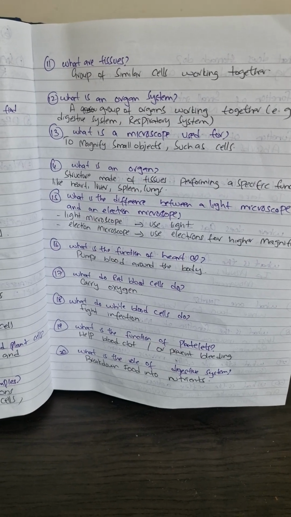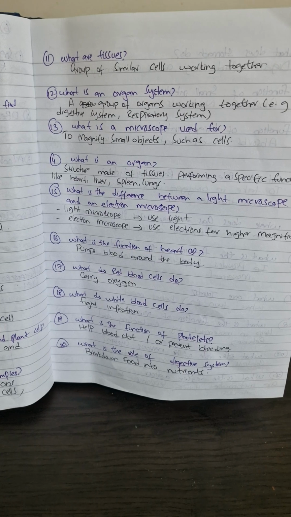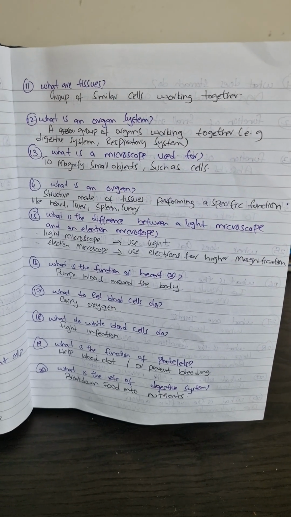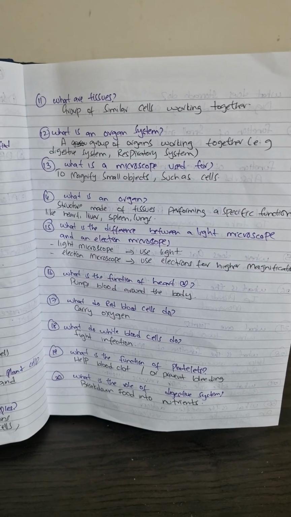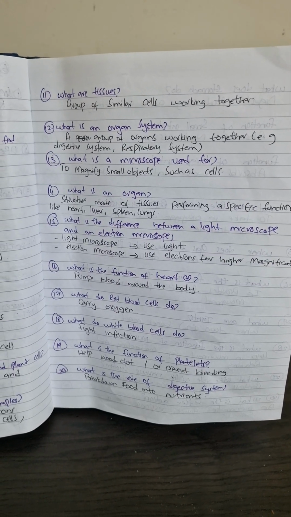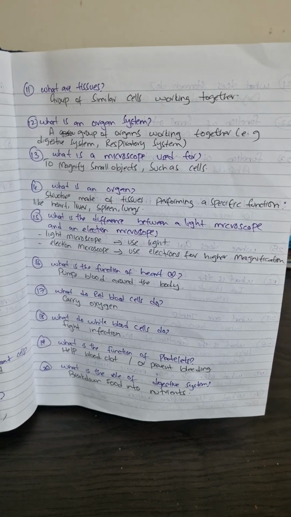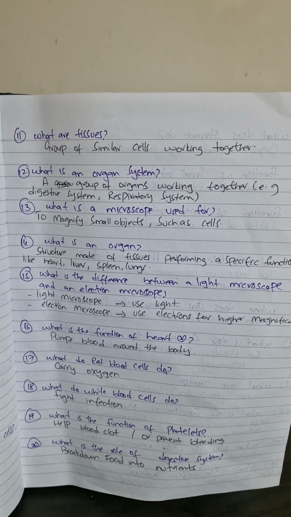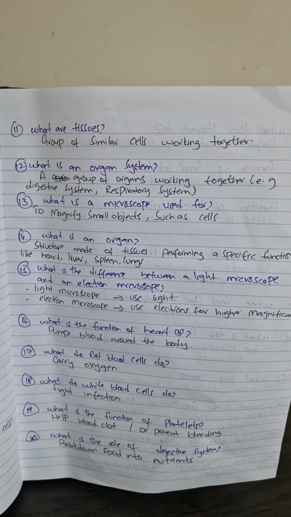Another question, what is an organ? An organ is a structure made up of tissues performing a specific function, like the heart, liver, spleen, lungs. Next question, what is the difference between a light microscope and an electron microscope?